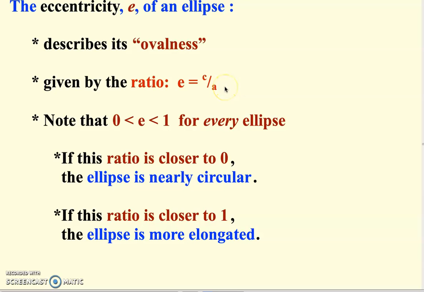What it tells us is how elliptical our curve is going to look. If this number is closer to 0, your ellipse is almost circular. If it's close to 1, then it's pretty elongated or stretched out. And that's about all it does for us. It's not important to draw a graph, but we'll use it sometimes in equation writing, and you need to know what it is. So there we go.